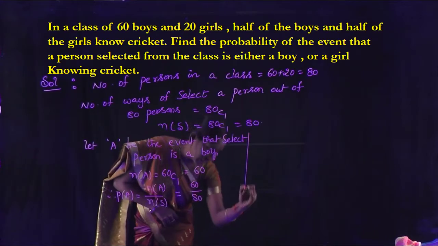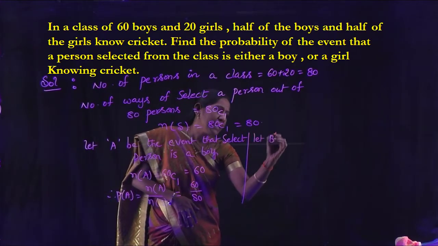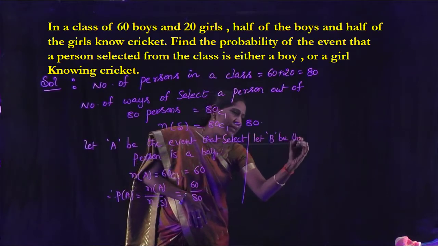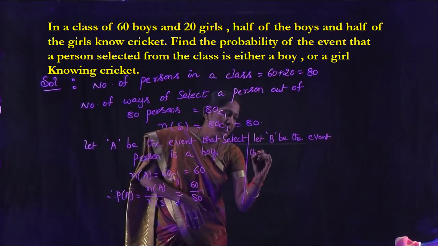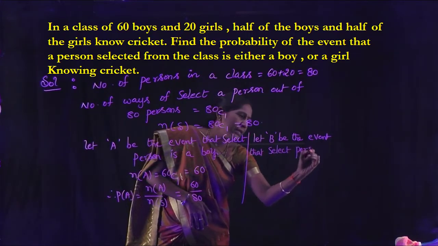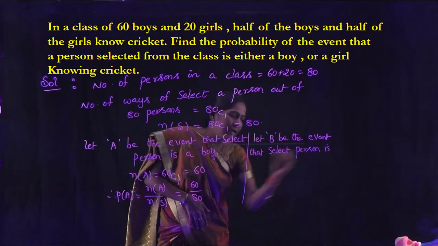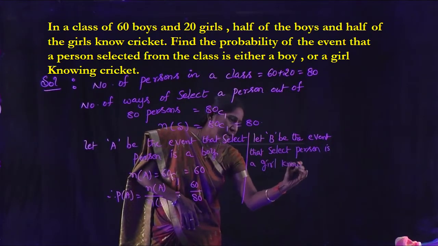Girl knowing cricket, so take it as event B. Let B be the event that the selected person is a girl knowing cricket.